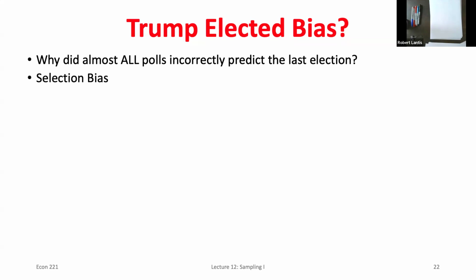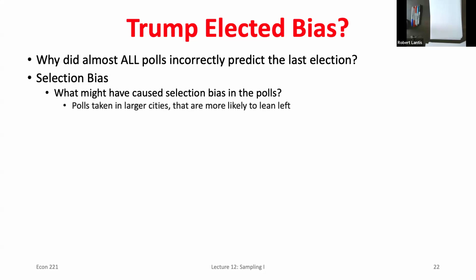So we're going to have a selection bias when we're asking people who they want to vote for. What might have caused selection bias if I was just doing political polls and asking people, are you planning on voting for Donald Trump or not? Well, polls are often taken in larger cities, which tend to lean a little more to the left. So maybe I'm over-surveying people who are more likely to vote Democratic.